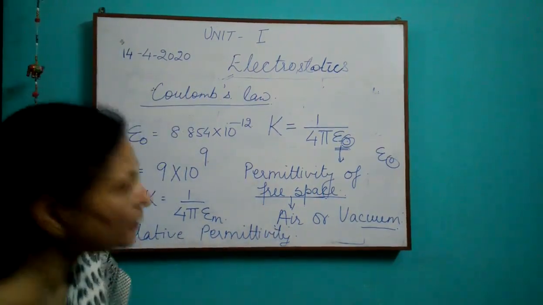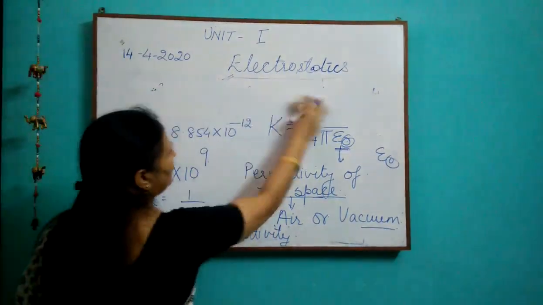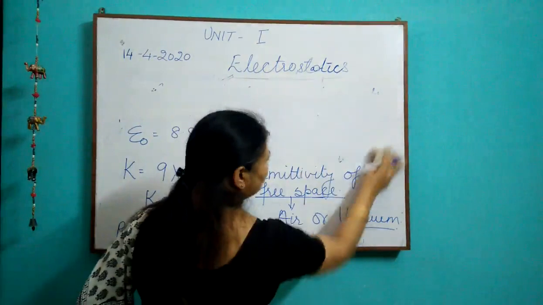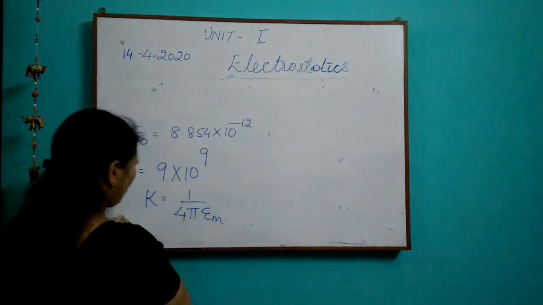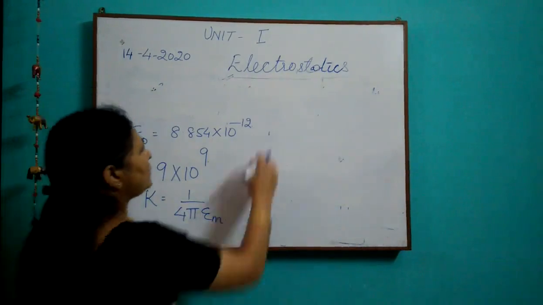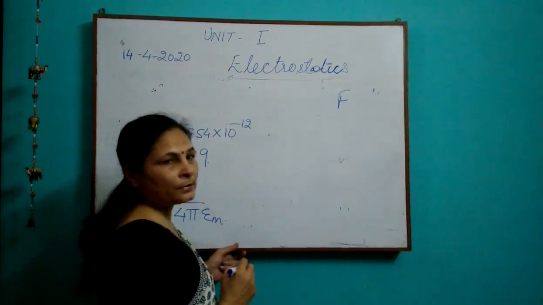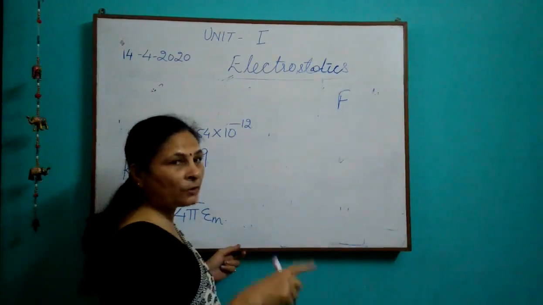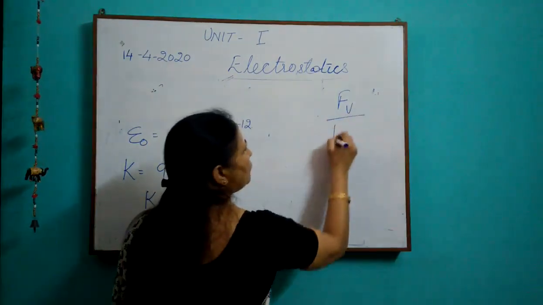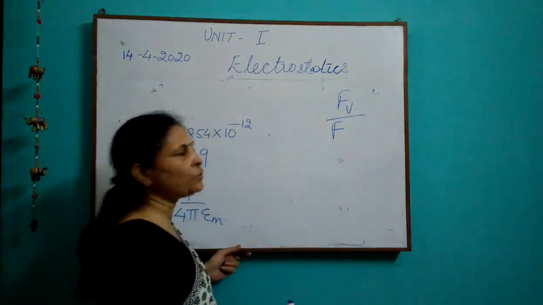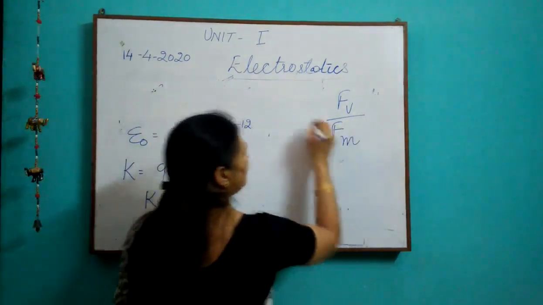Now, how is this relative permittivity defined? The relative permittivity is the ratio between the force between two point charges placed in vacuum at a given distance, to the force between the same two charges placed at the same distance in a medium.